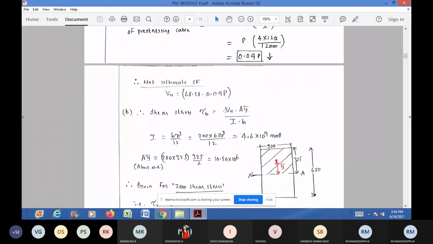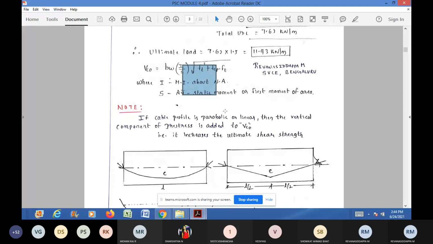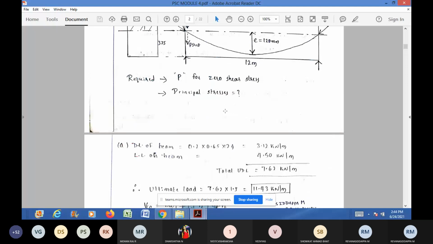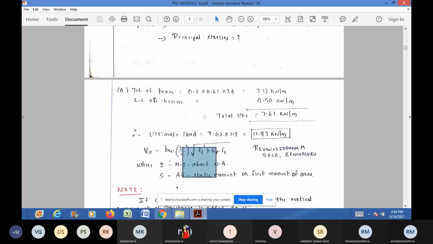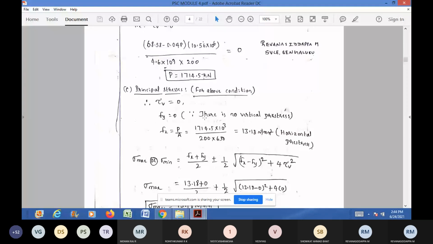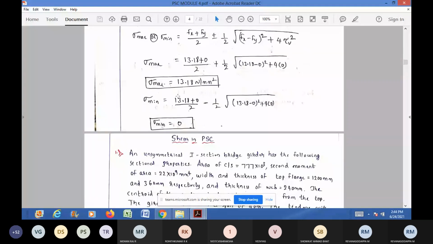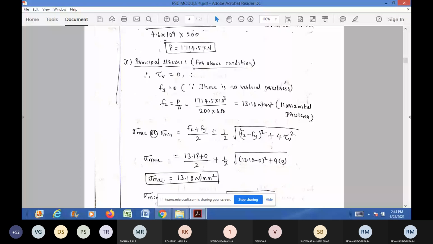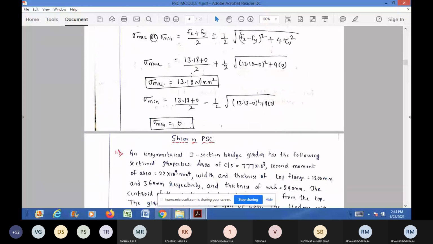There is one more question asked: to find the principal stresses. To find the principal stresses, we know the formula. Just write this formula first. Write the case 2 headline as determination of principal stresses.